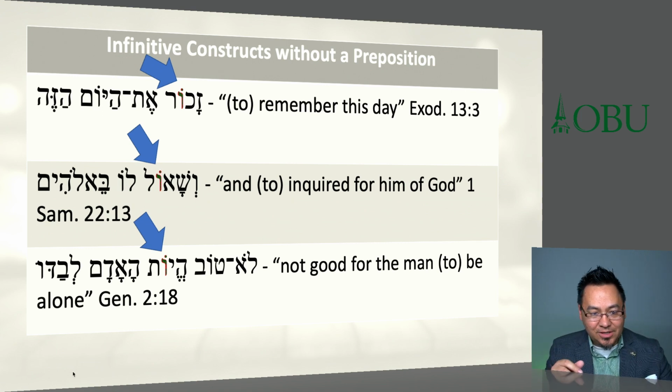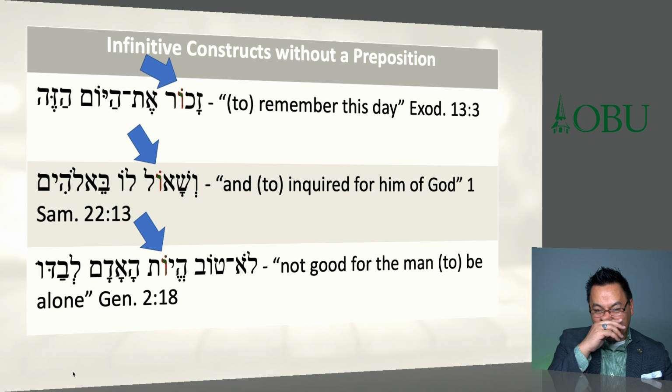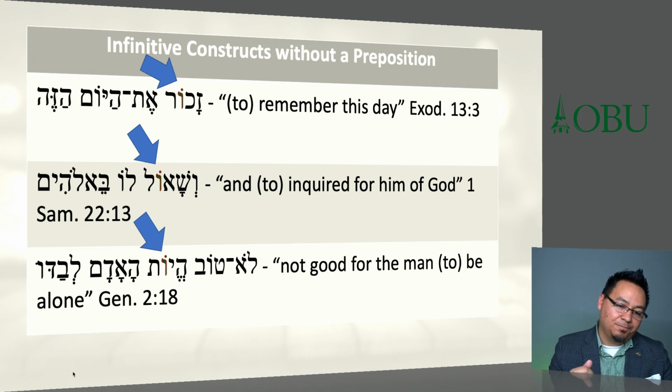We can look there at 1 Samuel 22:13. So we have ve-sha'ul lo be-lo-him, and so to inquire, sha'ul lo, unto God, to inquire for him of God, all right?